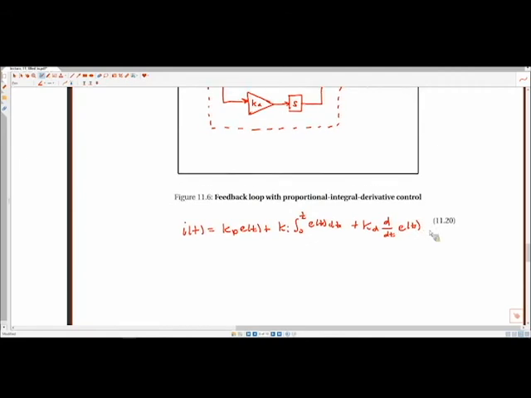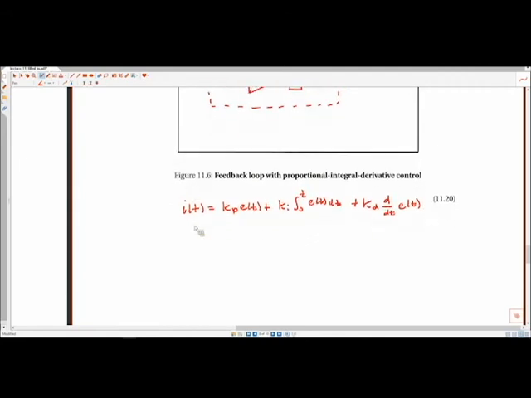And then in the frequency domain, that means that G1 of S is equal to Kp plus Ki 1 over S plus Kd S. Or we can write this all over a single denominator, like this.